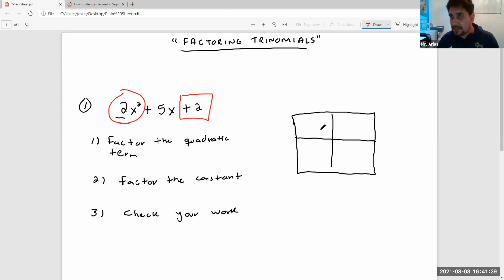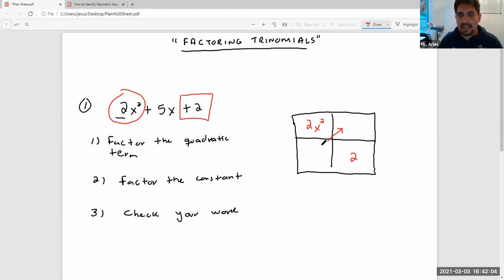So as a reminder, anytime that you use the box method to factor, we have to place the quadratic term inside the top left entry in the box, and then the constant in the bottom right. So what that means is that my 2x to the power of 2 will be landing in this position, and the positive 2 will be in this one across this box.